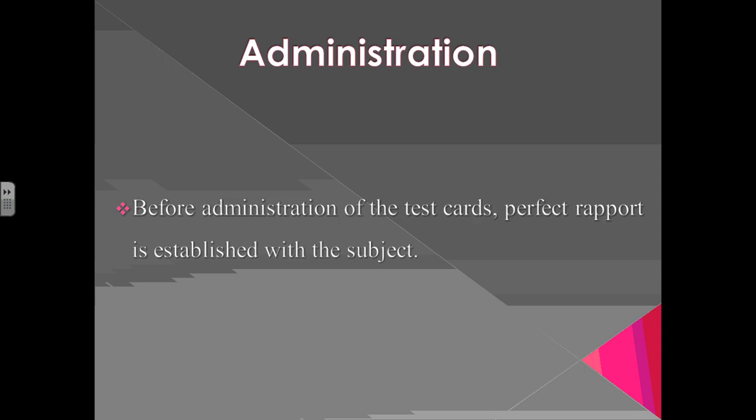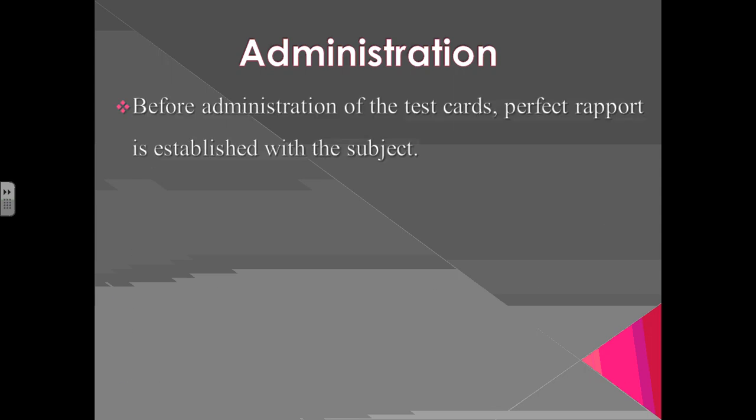Now we will discuss the administration of the test. Before administration of the test cards, perfect rapport is established with the subject. The purpose of the test is not disclosed to the subject.